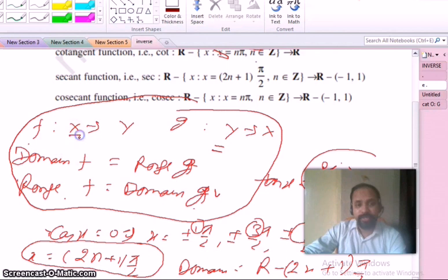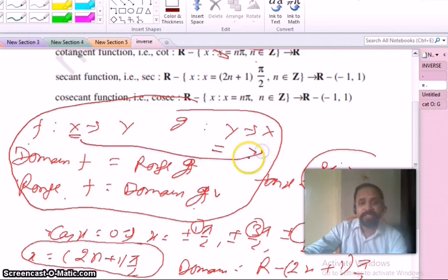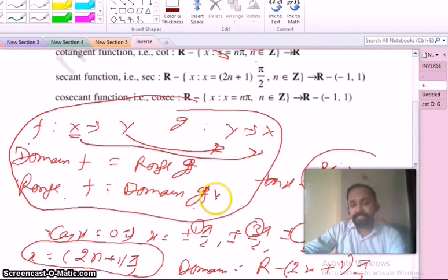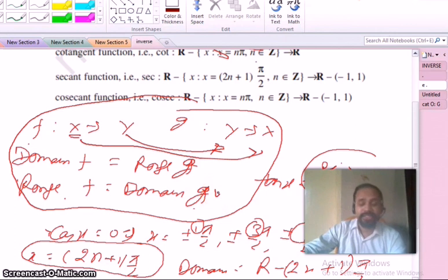The domain of f should be the range of g, and the range of f should be the domain of g. Basic criteria. This is the most confusing term in inverse trigonometric functions.